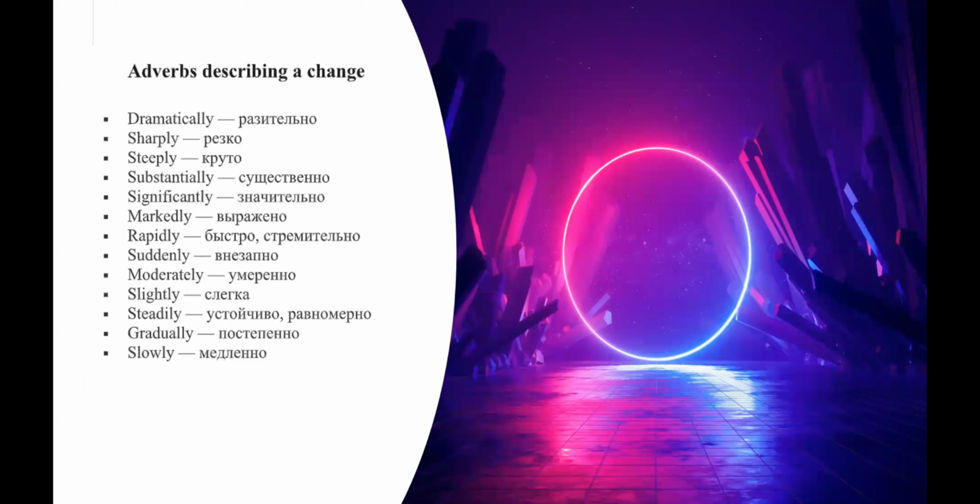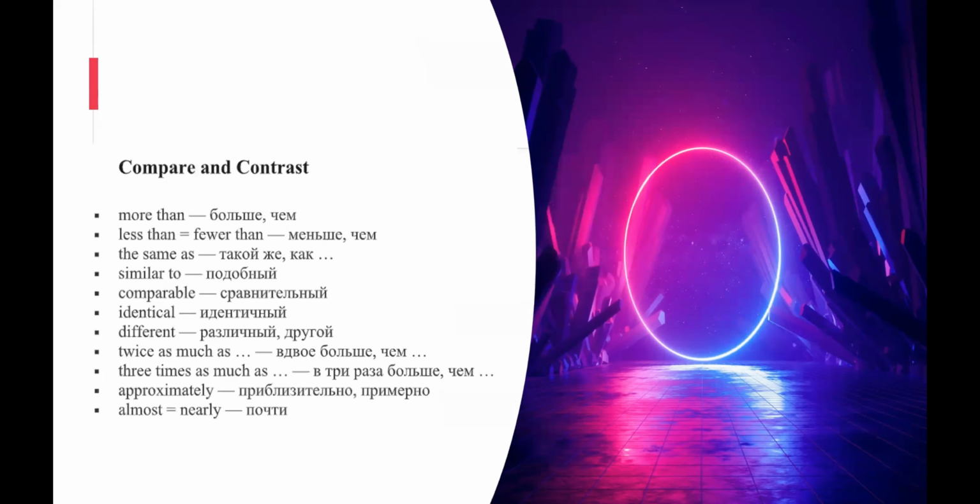Dramatically, sharply, steeply, substantially, significantly, markedly, rapidly, suddenly, moderately, slightly, steadily, gradually, slowly. Oh my gosh. You know them? Not all of them. Most of them I know. So, you should know all of them.